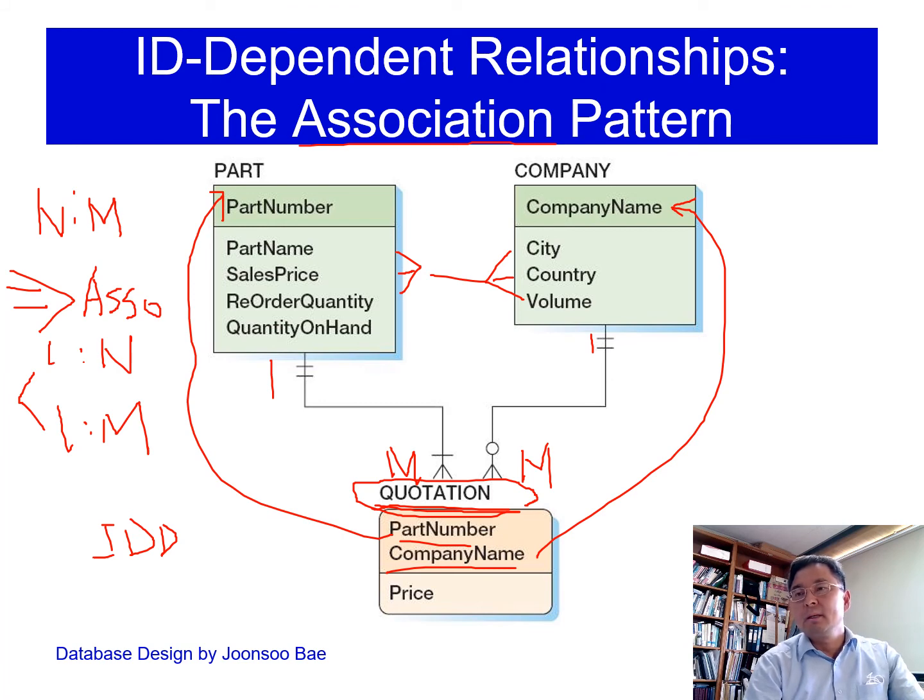But especially this quotation entity has an additional attribute, the price attribute here. This kind of entity which has an additional attribute is called an association entity.